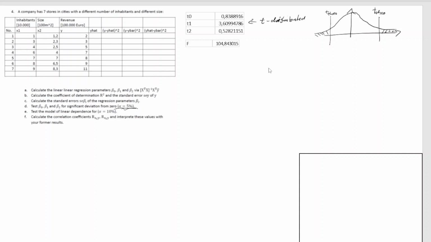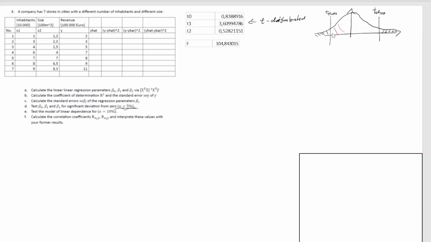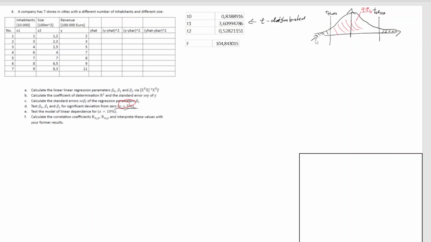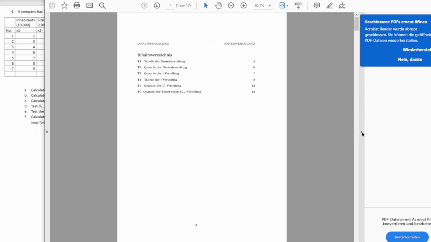So within this here, then is 95 if we have a significance level of 5, and the other one, then the two tails, since it is symmetric, this has to be 2.5 and this has to be 2.5%.